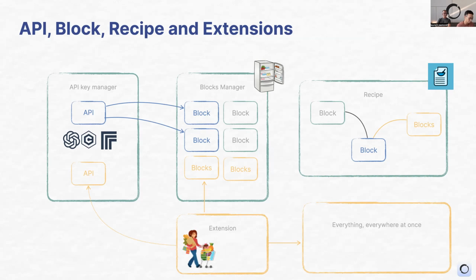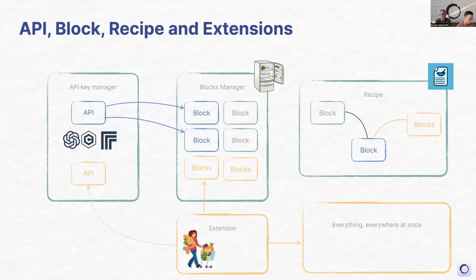But an extension can even do more. It basically allows you to integrate any JavaScript tool into Omnitool. Or you can add a new interface, you can add functionality. It's basically everything, everywhere at once. And extensions are either built by the Omnitool team, by us, or contributed by our community on GitHub.